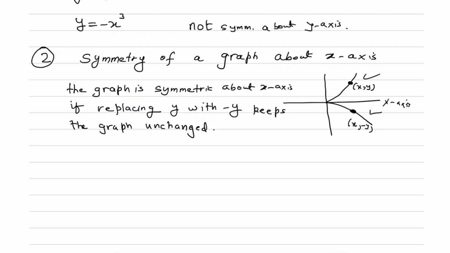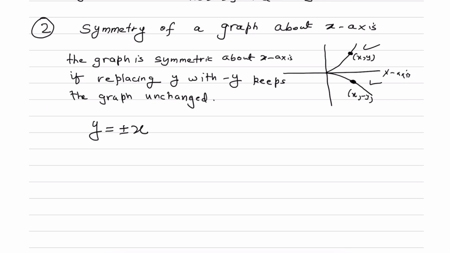So let's look at the example. I don't have the shape for this graph before me, so I will have to test it mathematically, whether this graph is symmetric about x-axis or not. We know the rule that if we want to check whether the graph is symmetric about x-axis or not, we replace y with minus y. If I get back the same graph, I will say that this graph is symmetric about x-axis. So let's replace y with minus y.